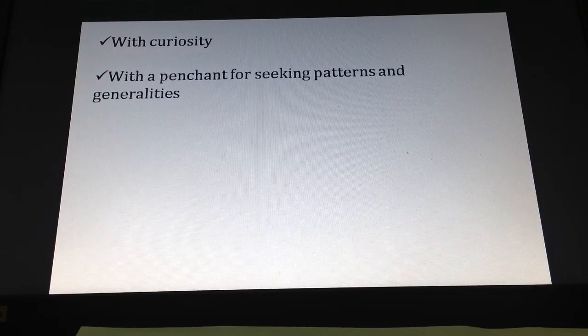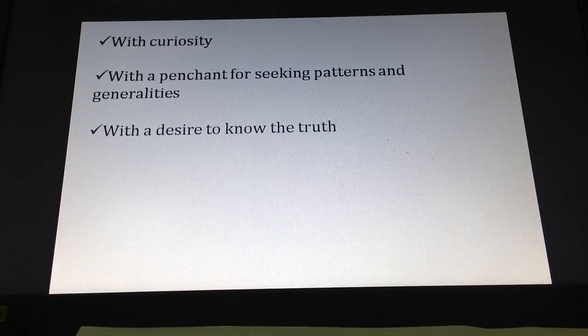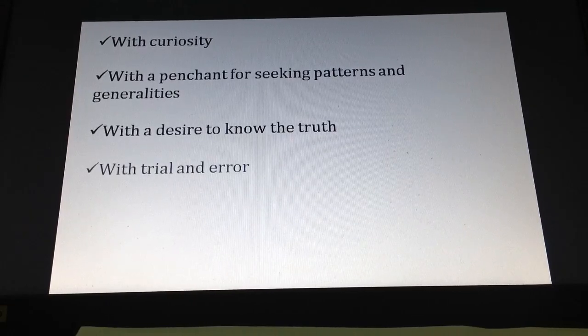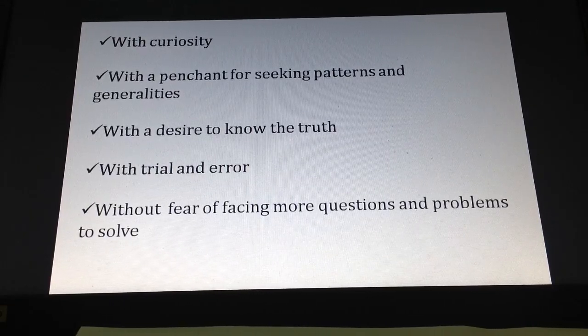So, how is mathematics done? Mathematics is done with curiosity and penchant for seeking patterns and generalities, desire to know the truth, trial and error, and without fear of facing more questions and problems to solve.